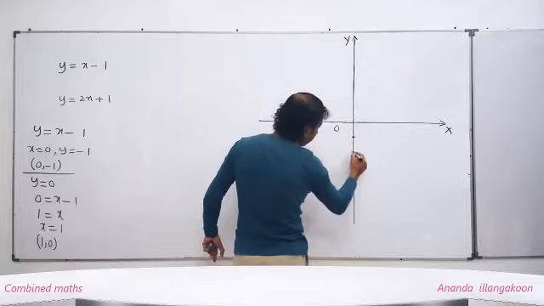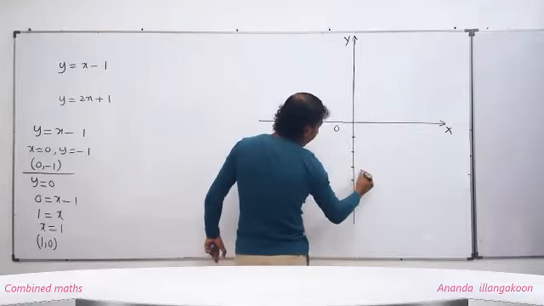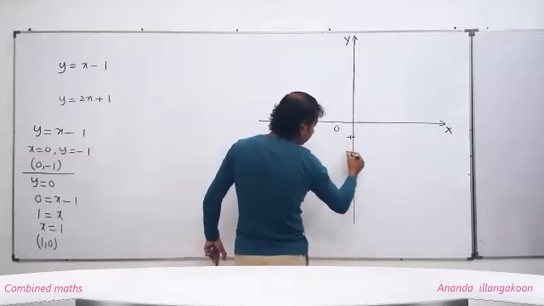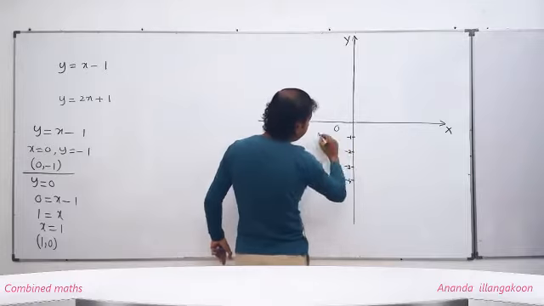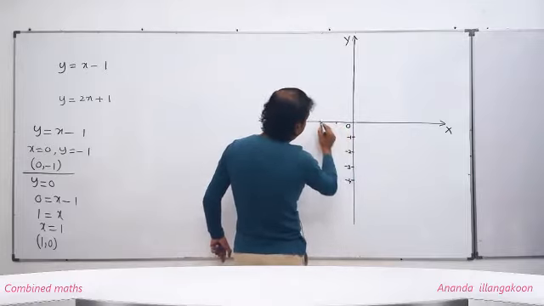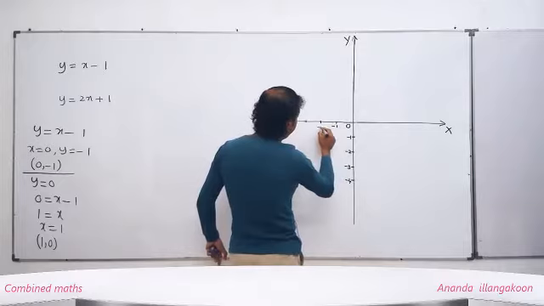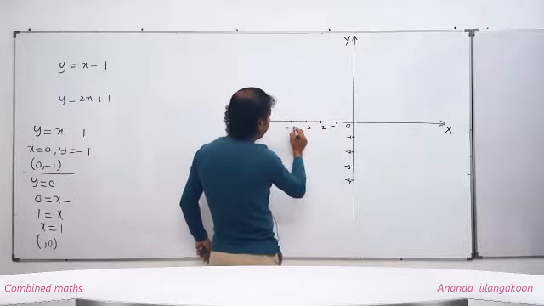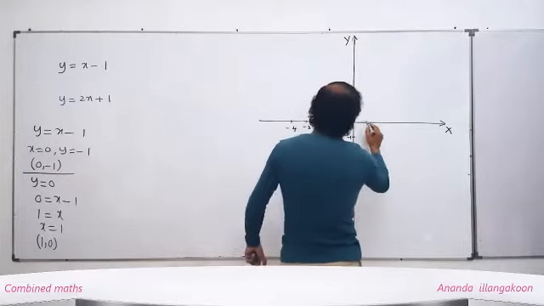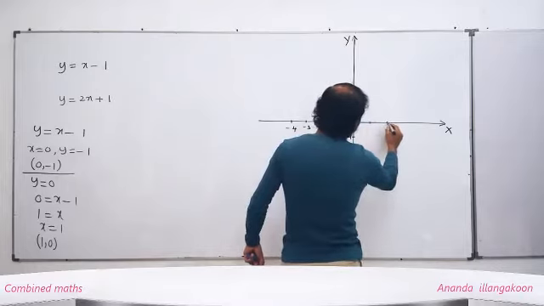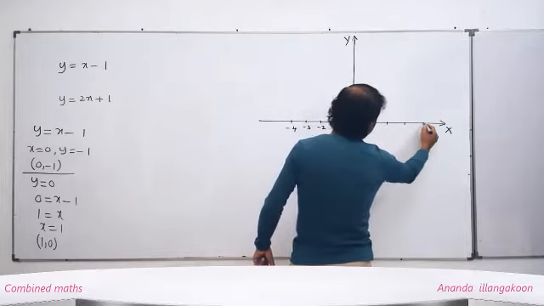I'll take here -1, -2, -3, -4 from the origin, and here 1, 2, 3, 4.